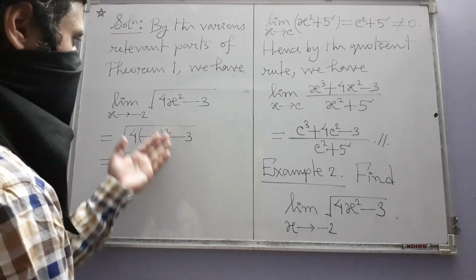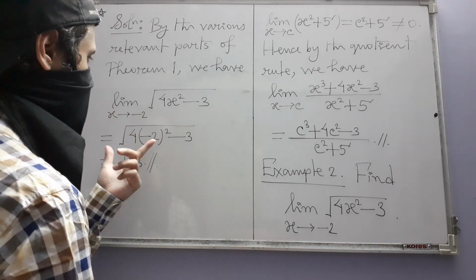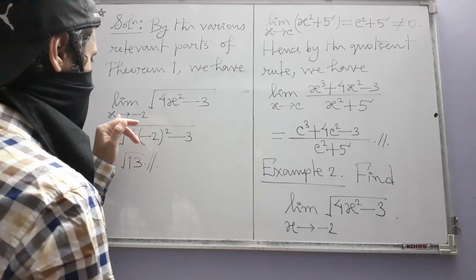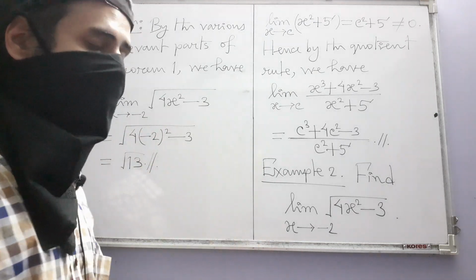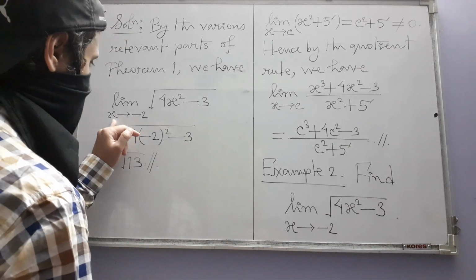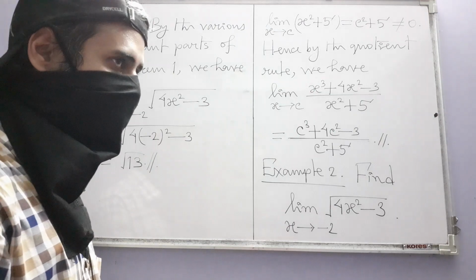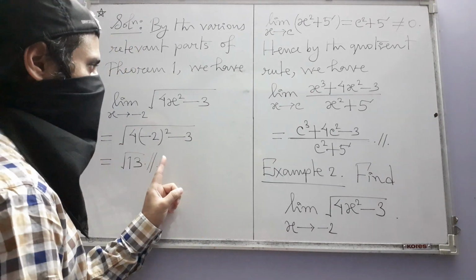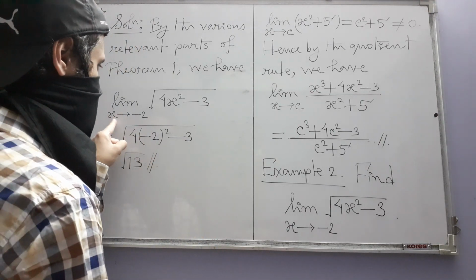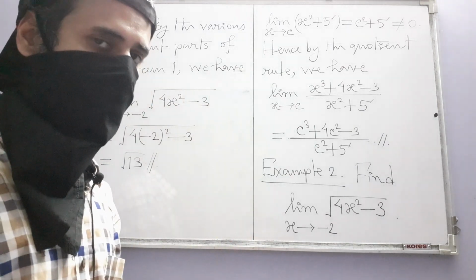There are many things that one can ask. For example, in calculating this limit, we are actually not looking at what is happening at x equal to minus 2. No, that is not the concern, but what is happening around minus 2. What happens when x is very close to minus 2? Now the question that naturally arises is this: for such values, is this going to remain a real number?